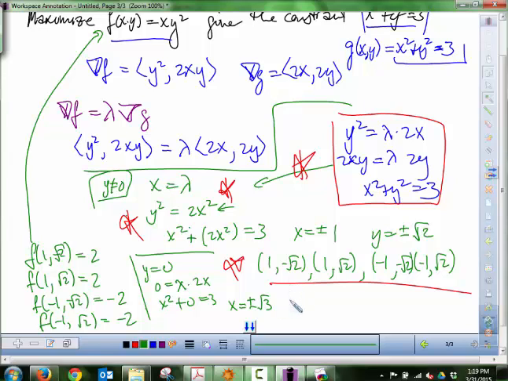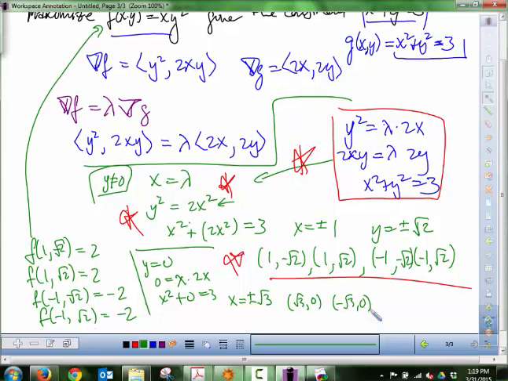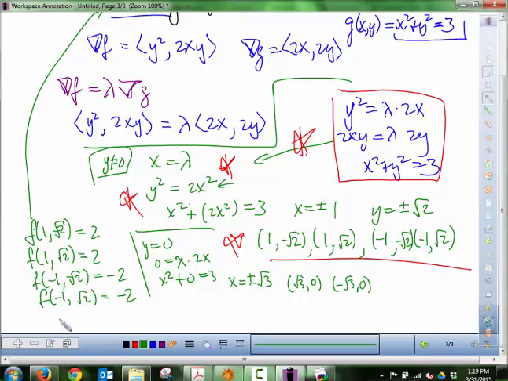So then you have to actually consider these pairs as well: square root of 3, 0 and negative square root of 3, 0. And then plug that in, and we'll see that f of negative square root of 3, 0 will give us 0, and f of positive square root of 3, 0 will also give us 0.